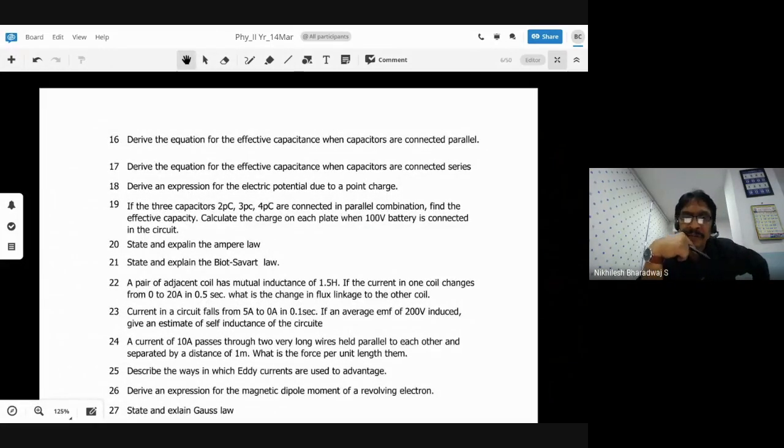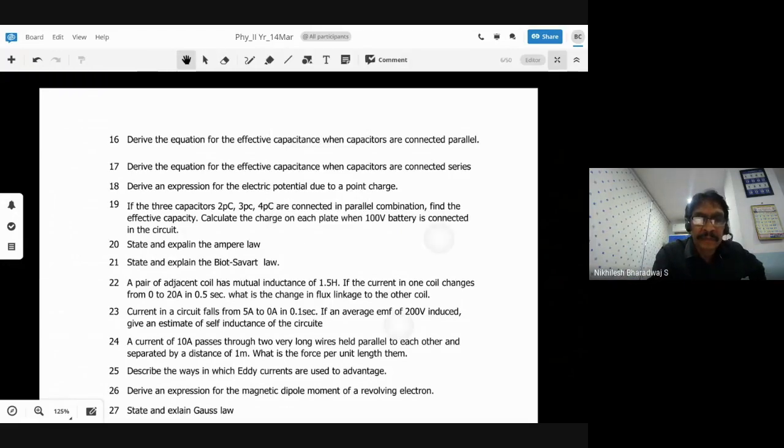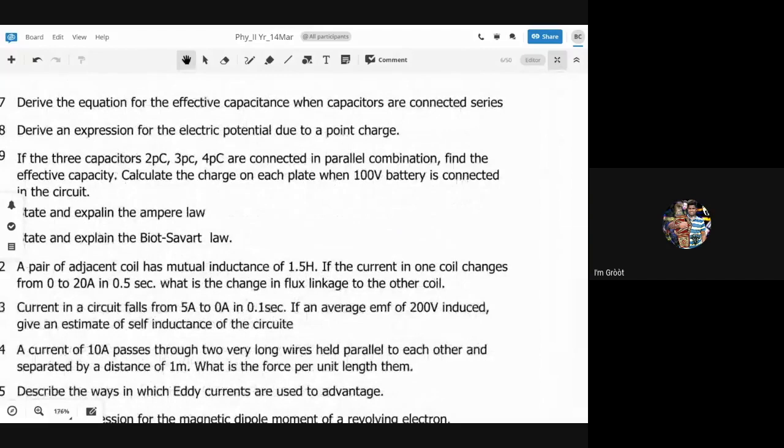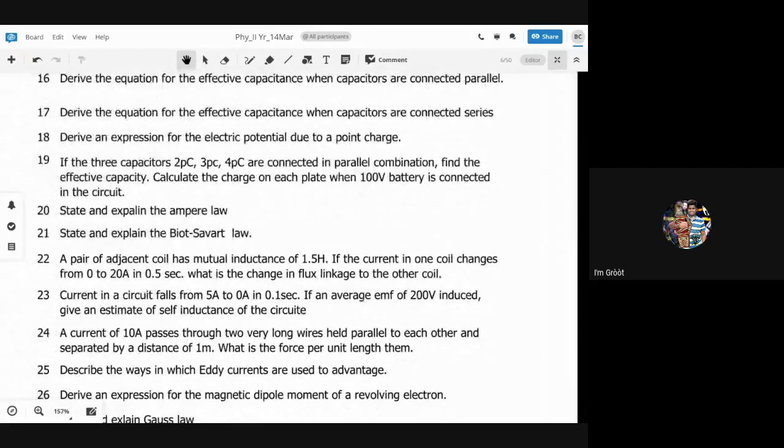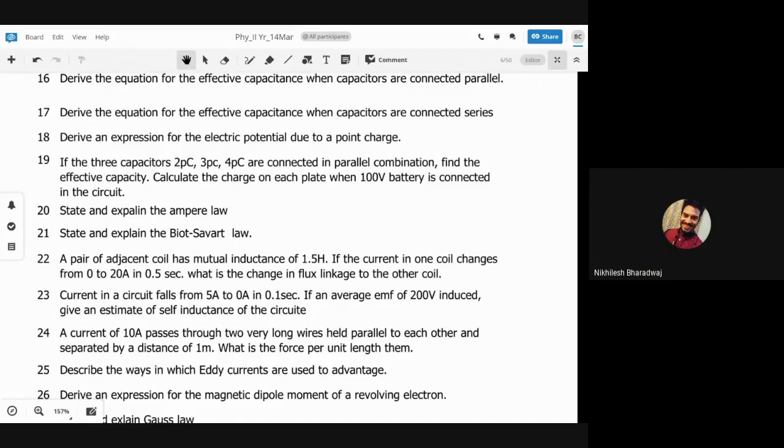Mahesh Babu, what is 22nd? If the current in one coil changes from 0 to 20, 0.6, 1.5 into... We are not in a position to listen to your voice clearly.